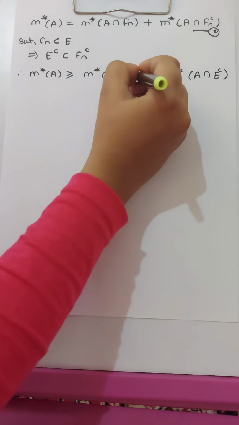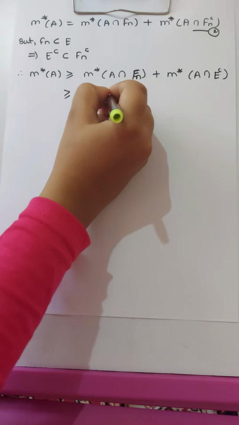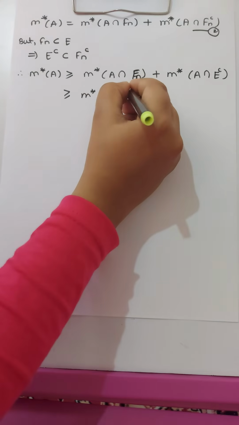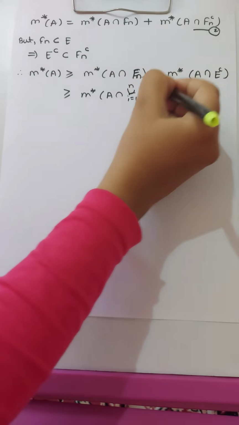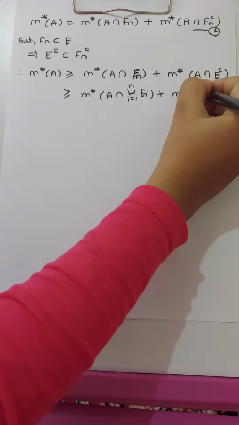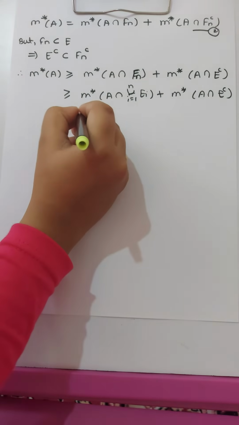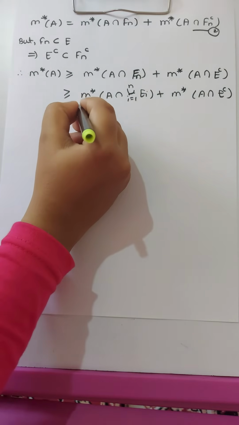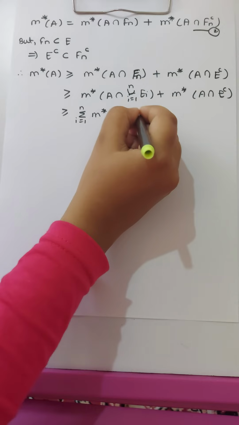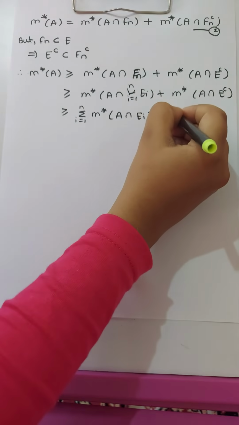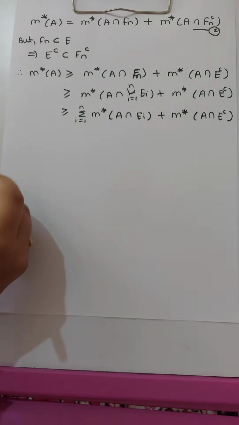Here the union of EI from 1 to n gives Fn. Therefore we get the summation from I equals 1 to n of outer measure of A intersection EI, plus outer measure of A intersection E complement.